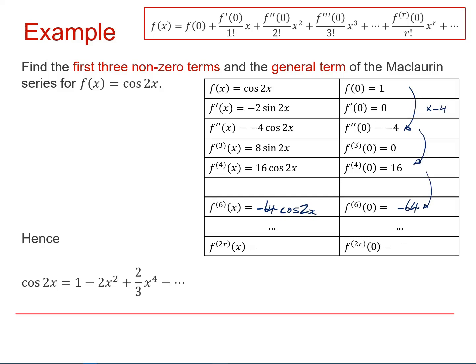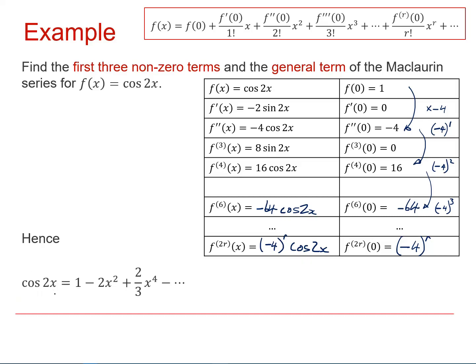So if I think about what I've got at the second derivative, I've got minus 4 to the power 1. At the fourth derivative, I've got minus 4 squared. At the sixth derivative, I've got minus 4 cubed. So the number of the derivative looks to be twice the power here. So this would suggest that this is minus 4 to the power r, and we would have expected this to be minus 4 to the power r cos 2x.